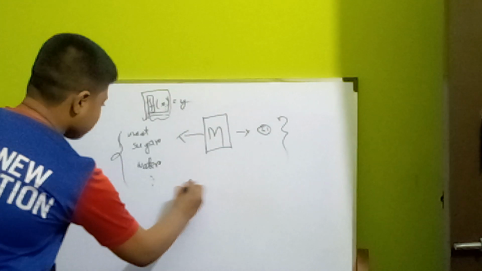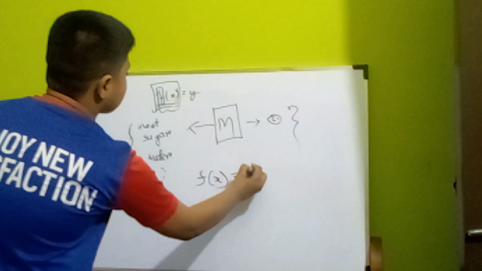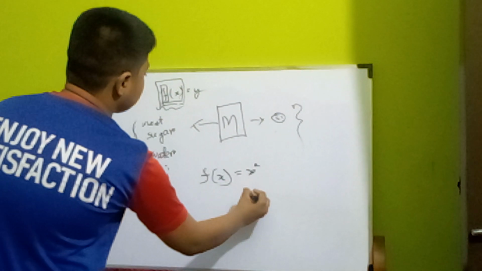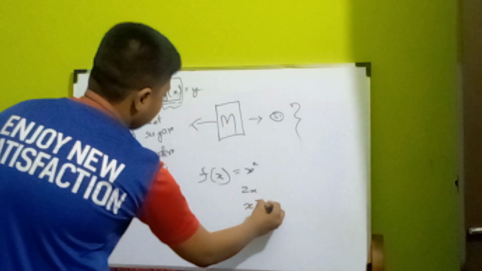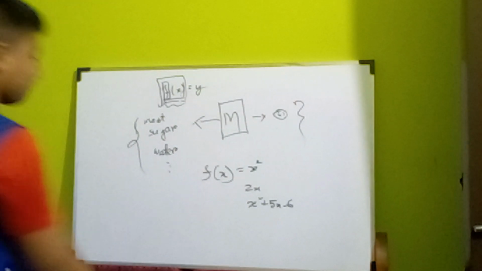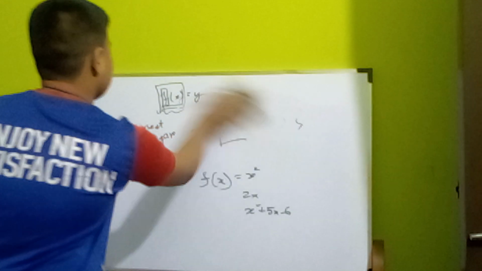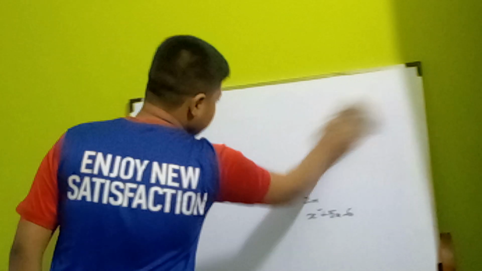In a mathematical context, this could be x squared or 2x or even a quadratic like x squared plus 5x minus 6, whatever. This is all about functions. We're not going to be delving deeper into it, just some basic ideas. We're not going to be solving problems, but understanding what they all mean.